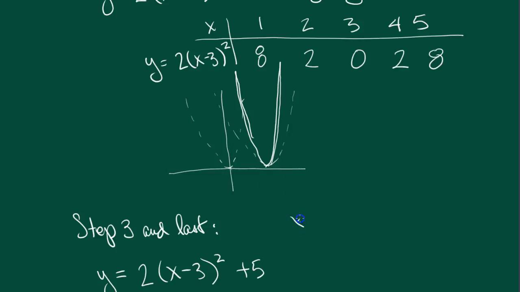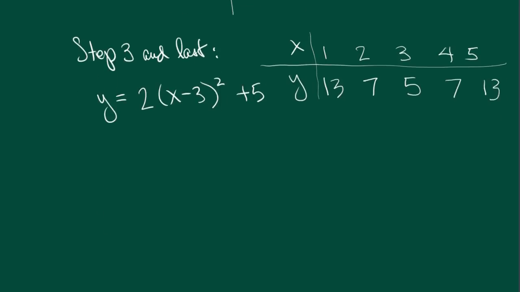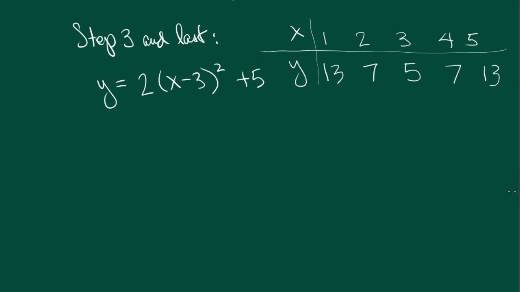So let's copy the x values with no change and add 5 to each y value that we have here. Okay. And those are the coordinates for our finished graph.